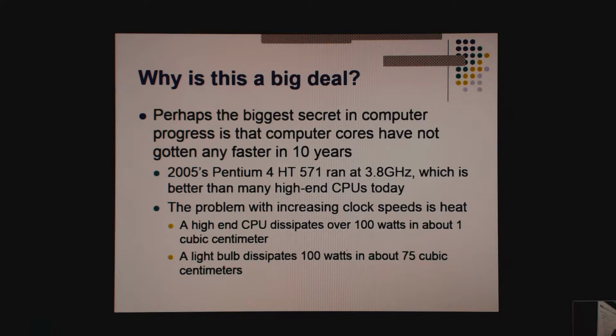There are scenarios, but fundamentally, for just running code, cores stopped getting faster. When you increase clock speed, the amount of heat you produce and energy you consume goes way up.